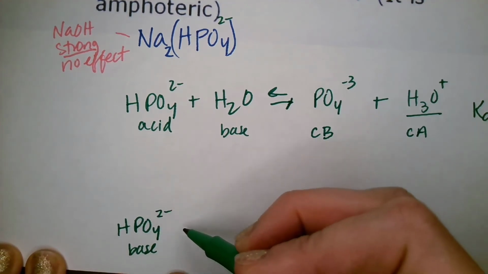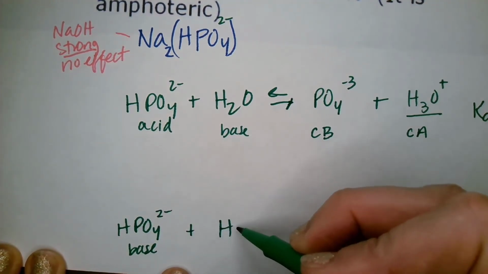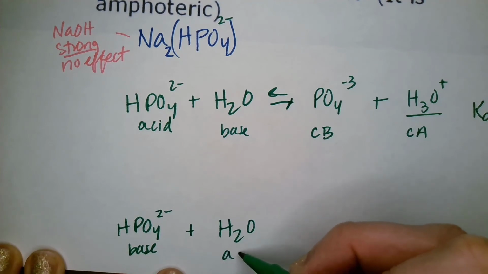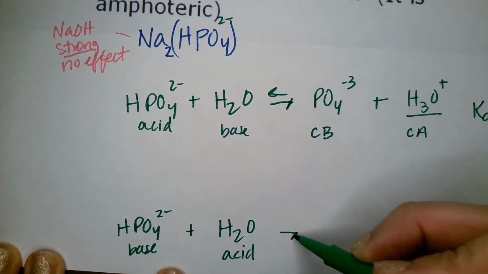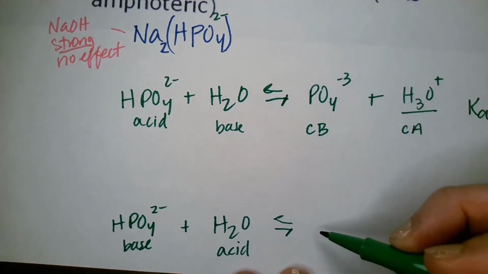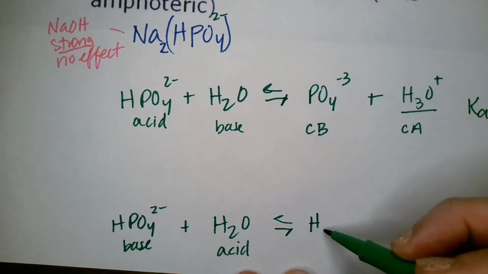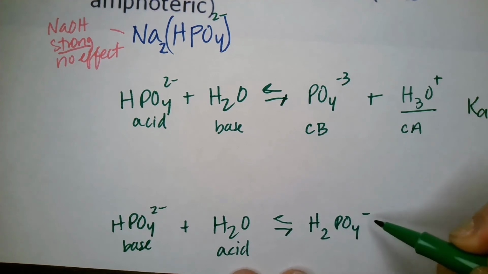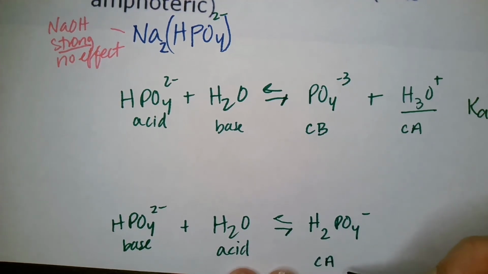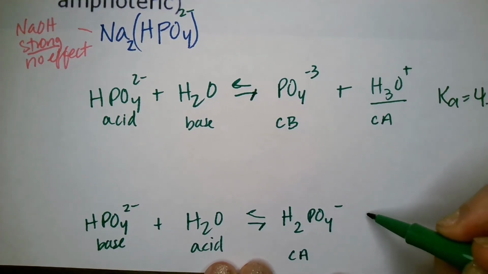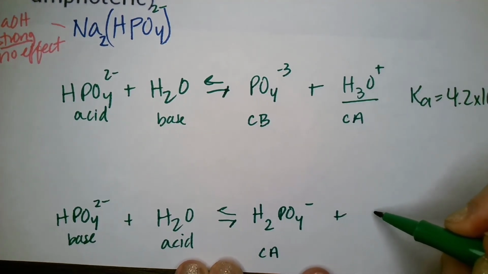Now let's do equation number 2, looking at HPO4 2 minus as a base. When that undergoes hydrolysis, this water is acting as my acid. If my acid is a donator, this will become H2PO4 minus, my conjugate acid.